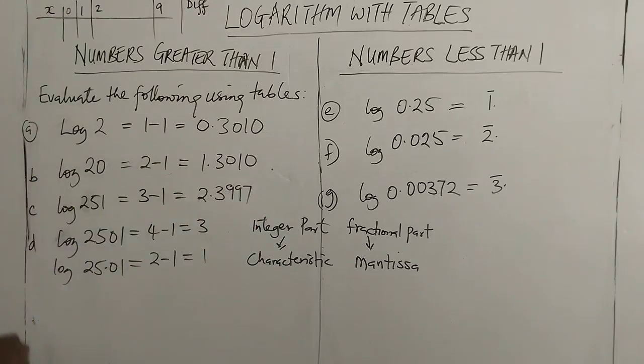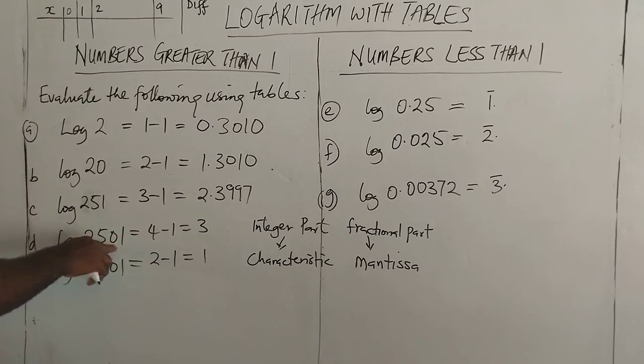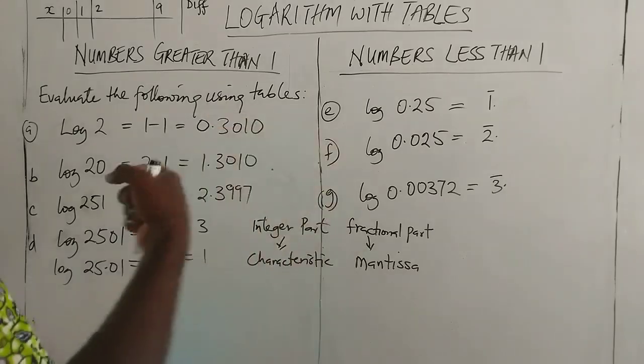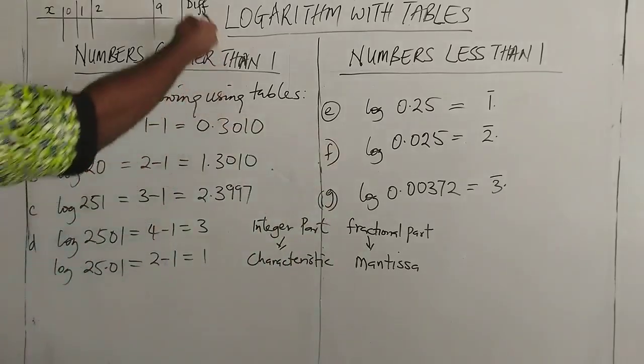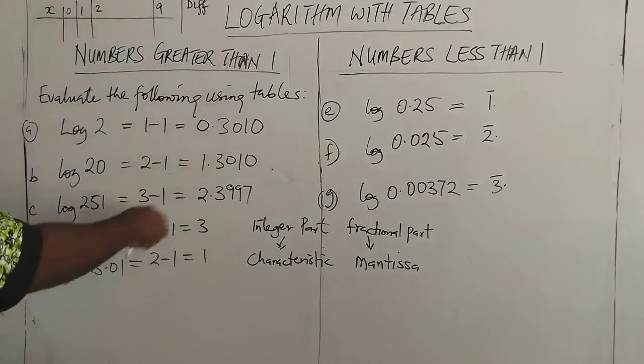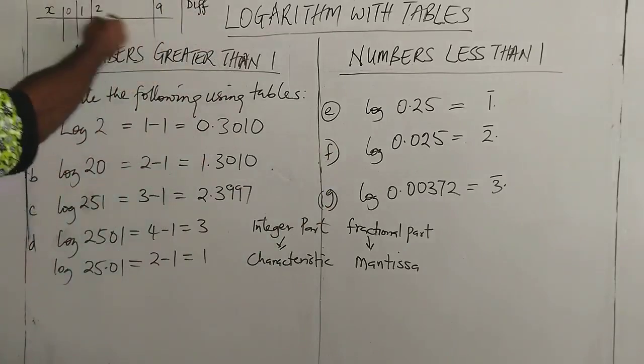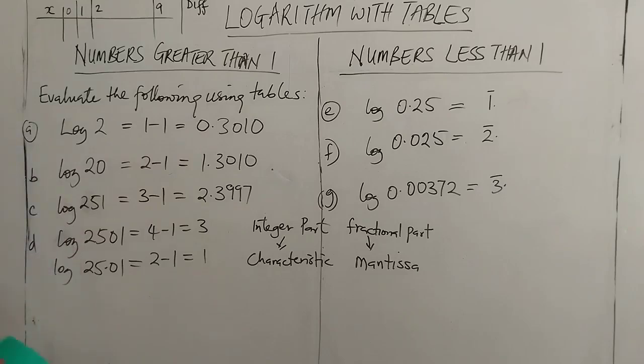Then the next one, log 2.51, what you look out for is 25 under 0, difference 1. And this difference, you add it. Whatever you get from the difference table, add it to the number you got from any of the columns.